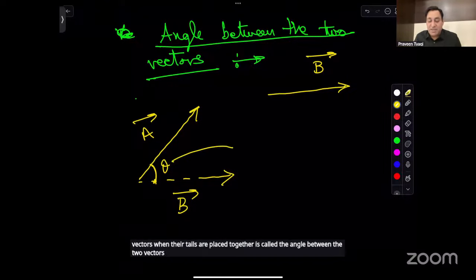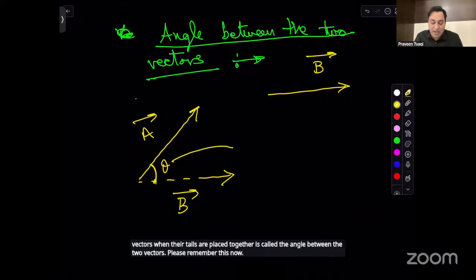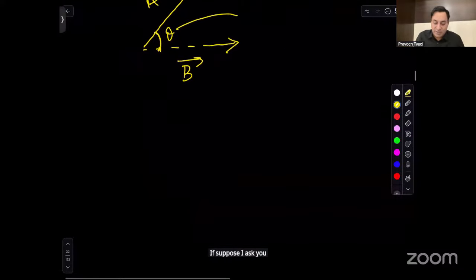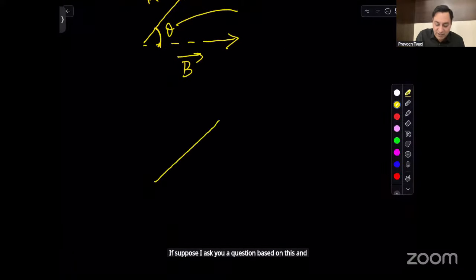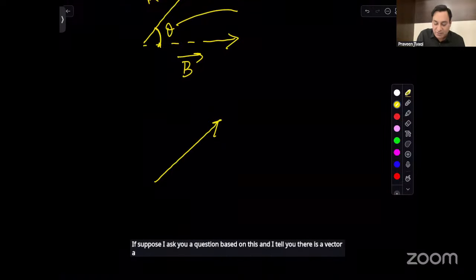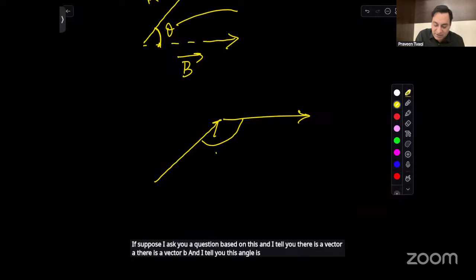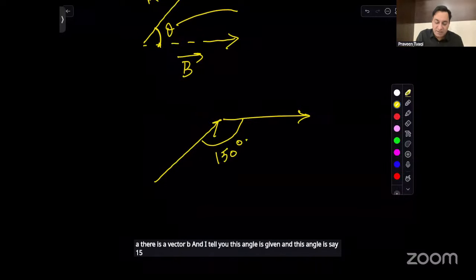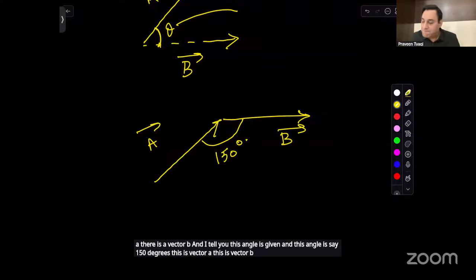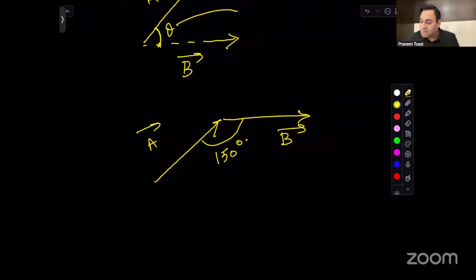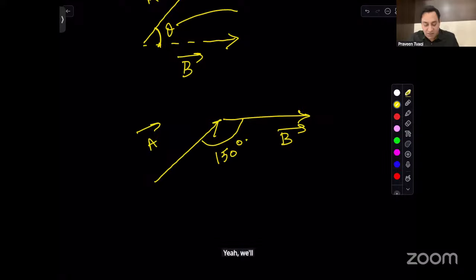Please remember this. Now, if I ask you a question based on this, and I tell you there is a vector A and a vector B, and this angle is given, say 150 degrees. This is vector A, this is vector B. Yeah, we'll come to questions, don't worry.